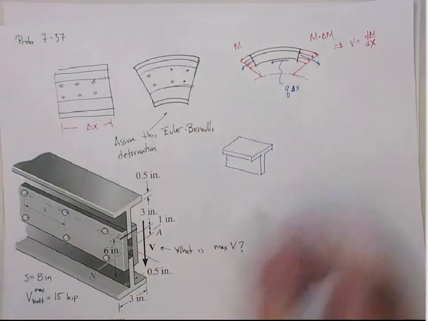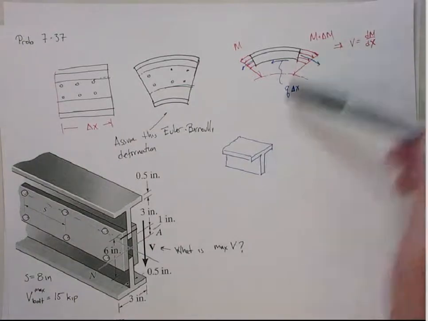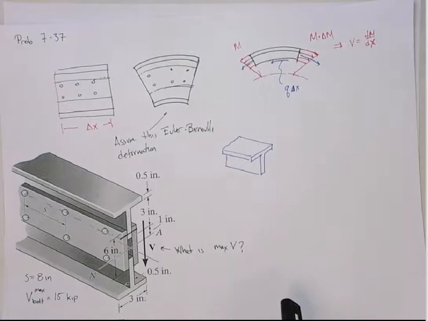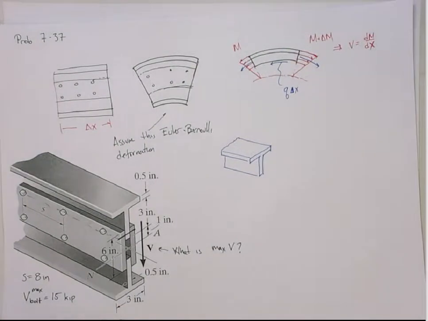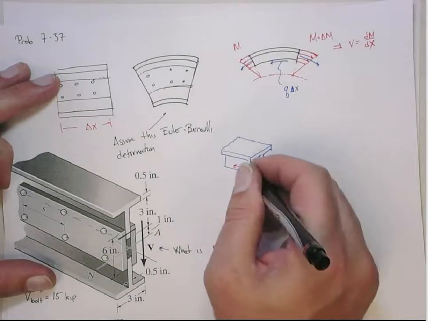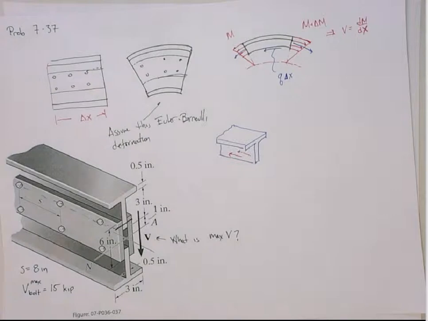All right, here I've just drawn the top section. So there's this net force that has to be applied on here, this q delta x, okay? Where's that going to happen? Well, normally if this were one contiguous beam, it would be happening on this section, but it's not. The only place that's being picked up is at the bolts. So that means we're going to get half of it on this side and half of it on the other side, because that's where the bolt goes through on both sides.